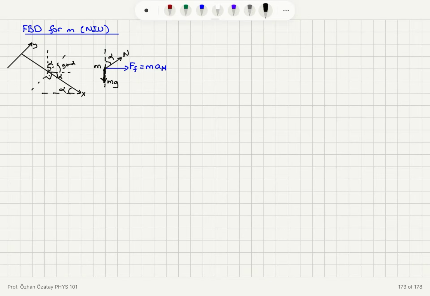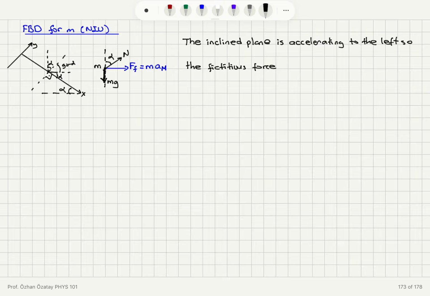Okay, so let me point out that the inclined plane, my wedge here, is accelerating to the left. So the fictitious force that appears in the non-inertial reference frame is pointing to the right.